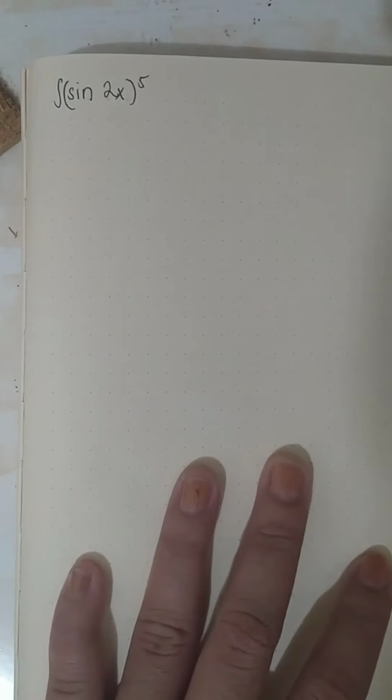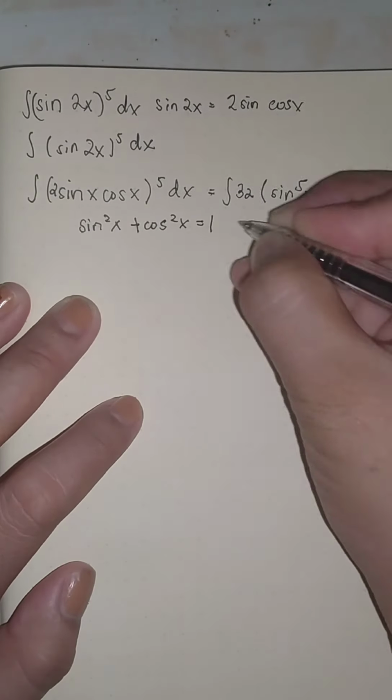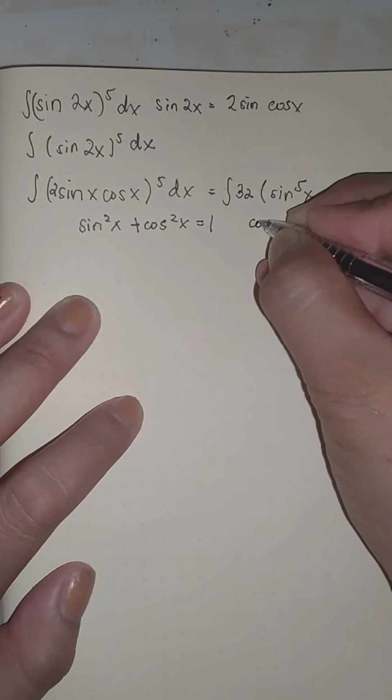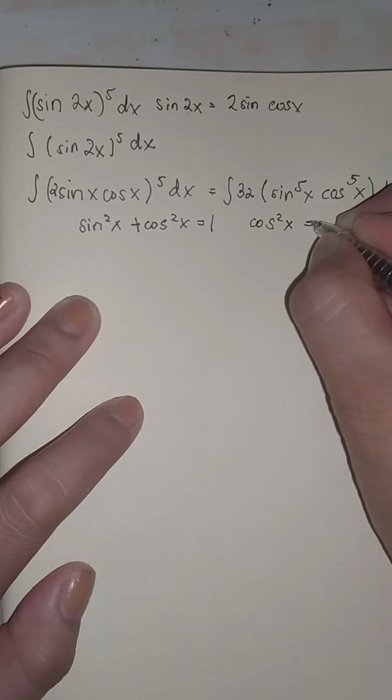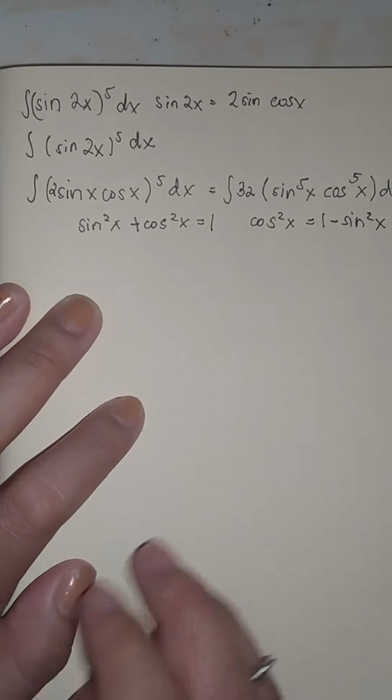Also, we will use the trigonometric identity sin squared x plus cosine squared x is equal to 1. It is equivalent to cosine squared x is equal to 1 minus sine squared x, right?